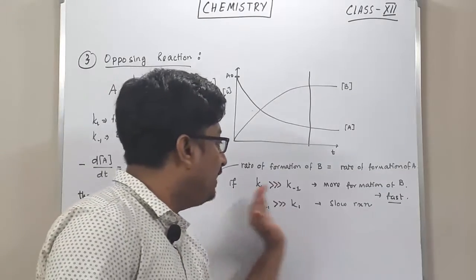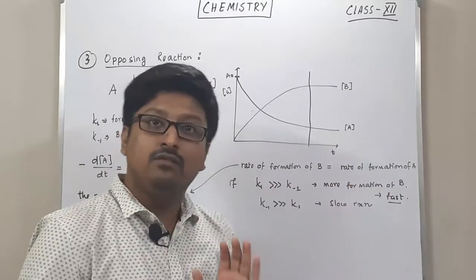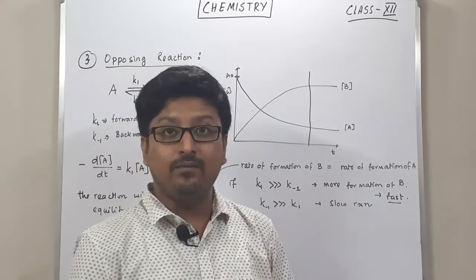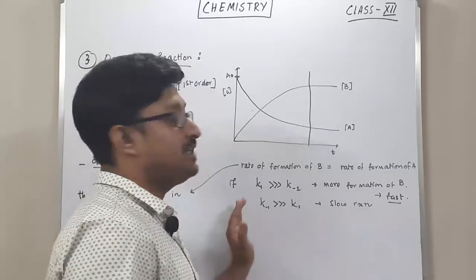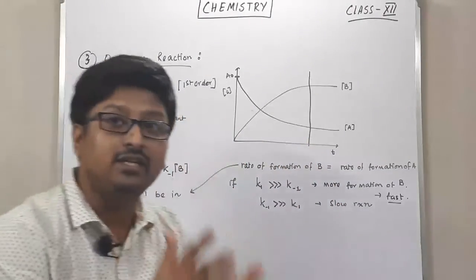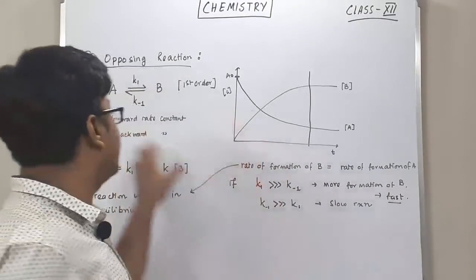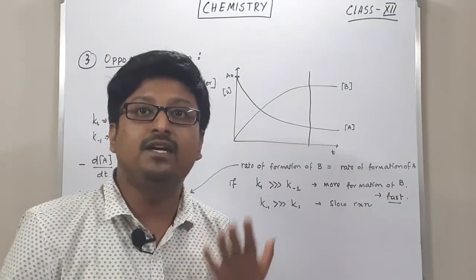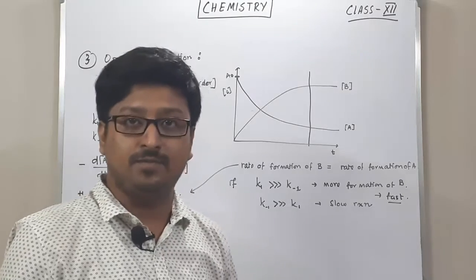As you have already read in class 11 in the chapter on chemical equilibrium, we can influence this by changing the concentration or the reaction conditions, the concentration of the reactants and products, and that is basically the consequence of the Le Chatelier principle.